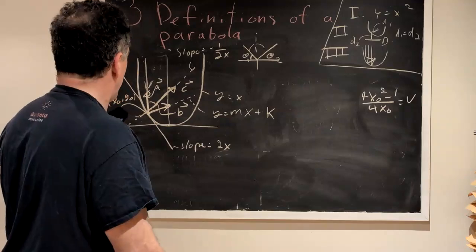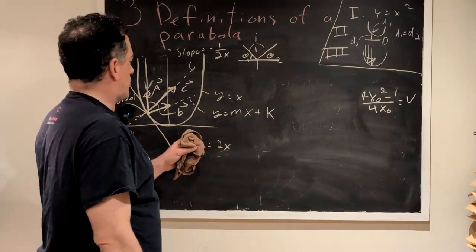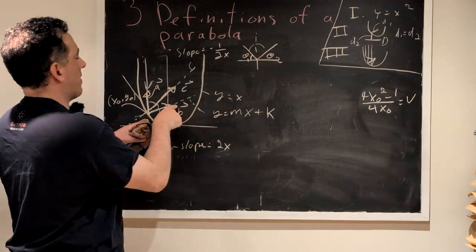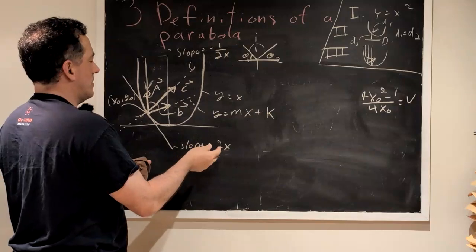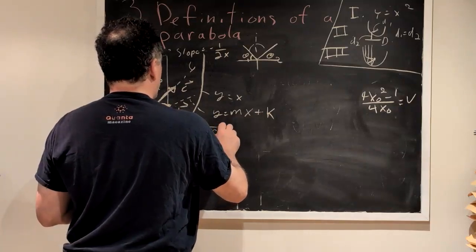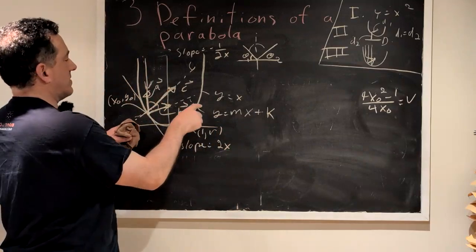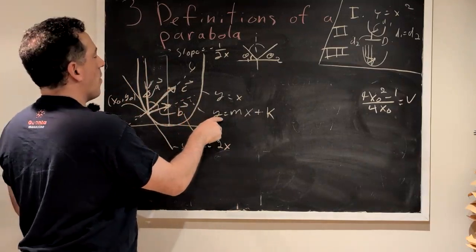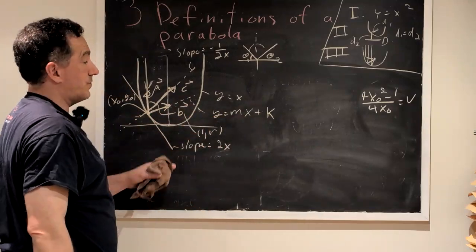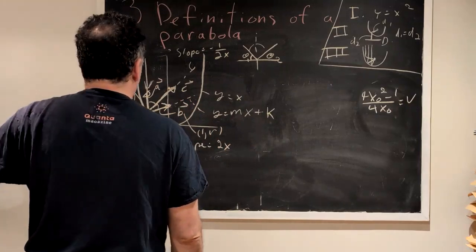Okay, so we know what the slope of this line is, because basically this line is parallel to the vector b, which has coordinates 1, v. So we know that this line here has equation y equals mx plus k. It is a line that is along the reflection of this ray coming from infinity.